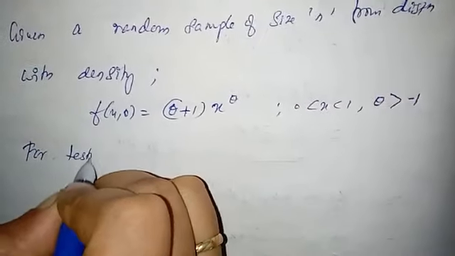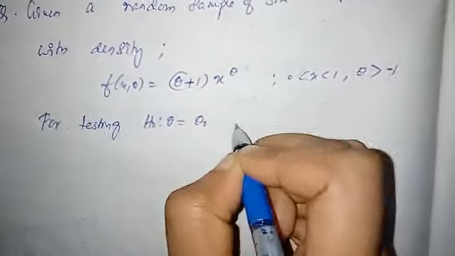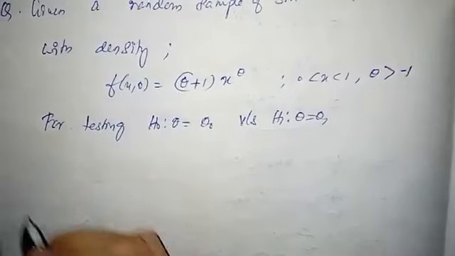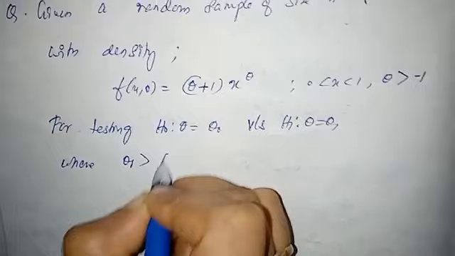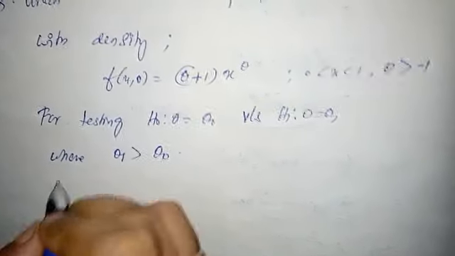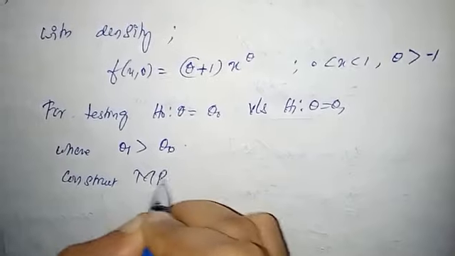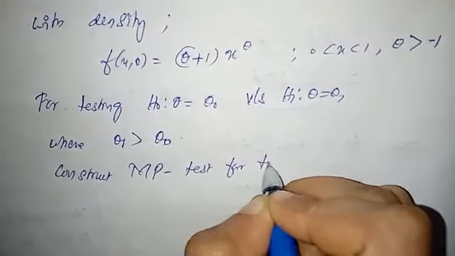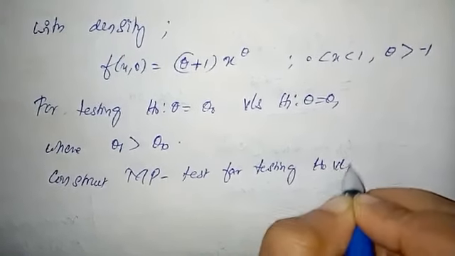For testing h naught theta equal to theta naught versus h1 theta equal to theta 1, where theta 1 is greater than theta naught, construct the most powerful test for testing h naught versus h1.